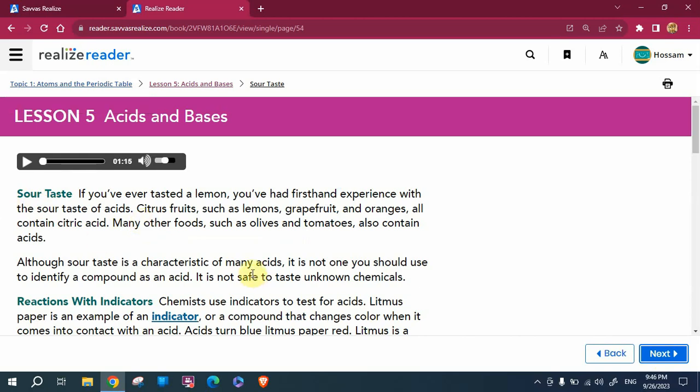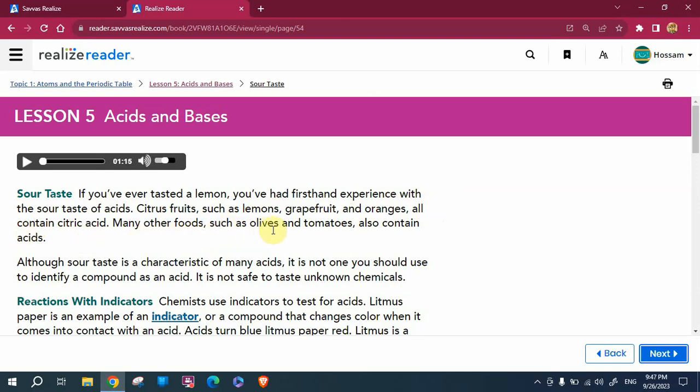The second property of acids is sour taste. If you have ever tasted a lemon, you have first-hand experience with the sour taste of acids. Citrus fruits such as lemon, grapefruit, and orange all contain citric acid.